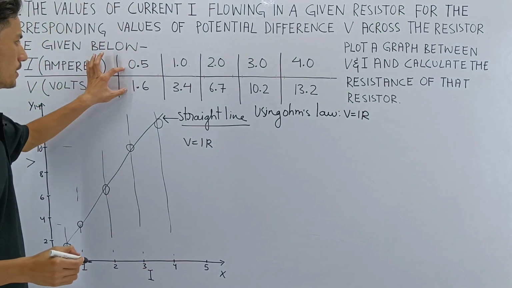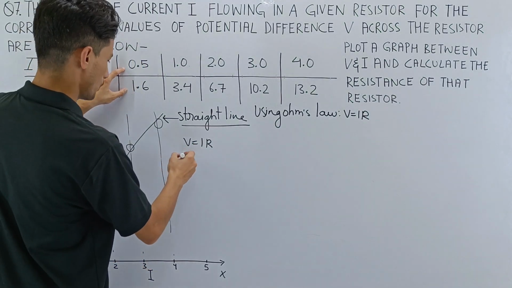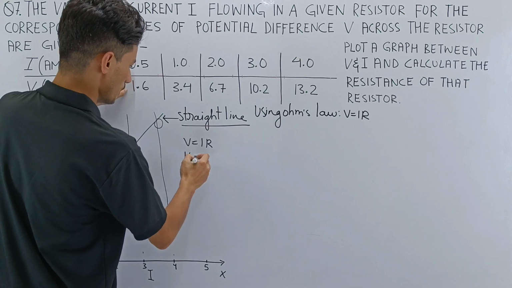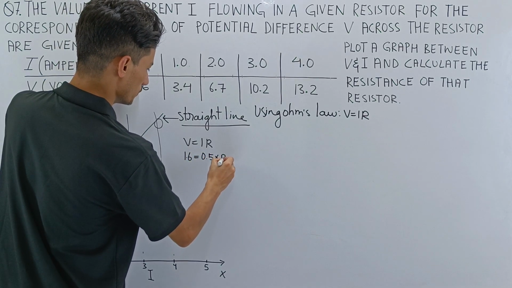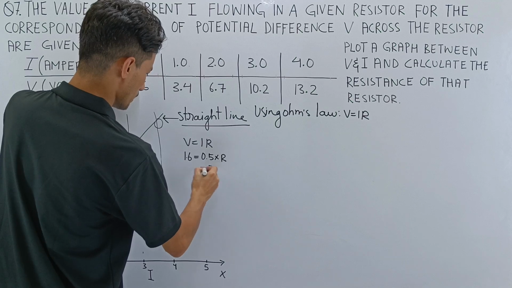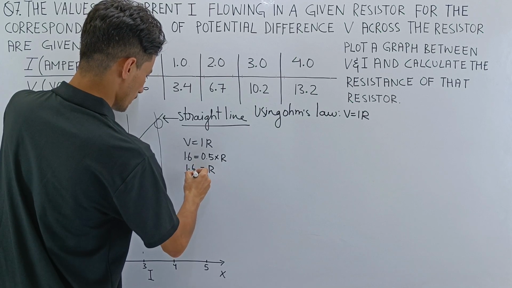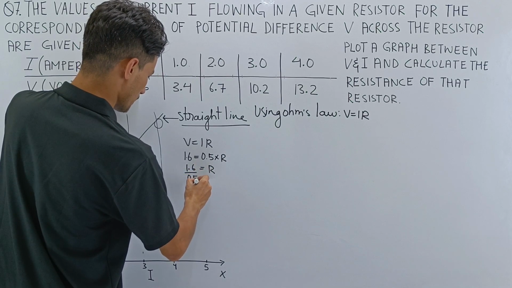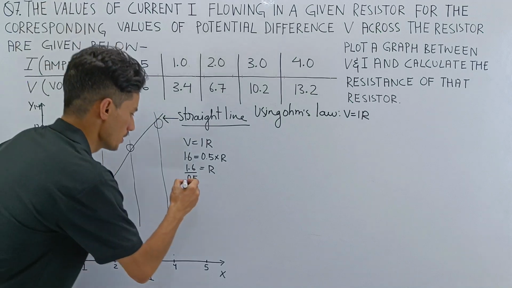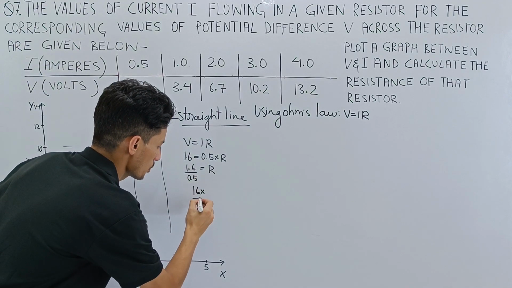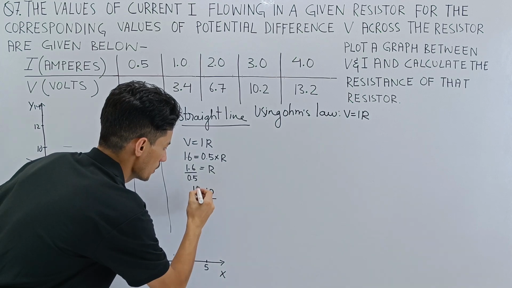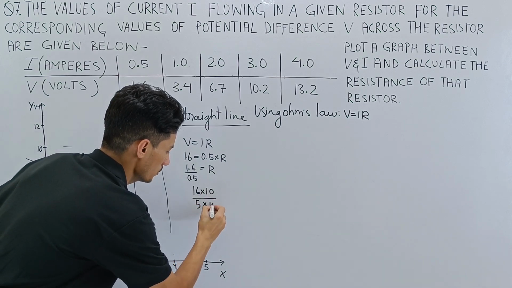Let's find for this set first. Potential difference is 1.6. Current is 0.5. R we don't know. Keep R where it is. 1.6 is here, 0.5 comes below. Let's remove the decimal. So this becomes 16, this becomes 5. 0.5 decimal goes up, 1.6 decimal goes down.